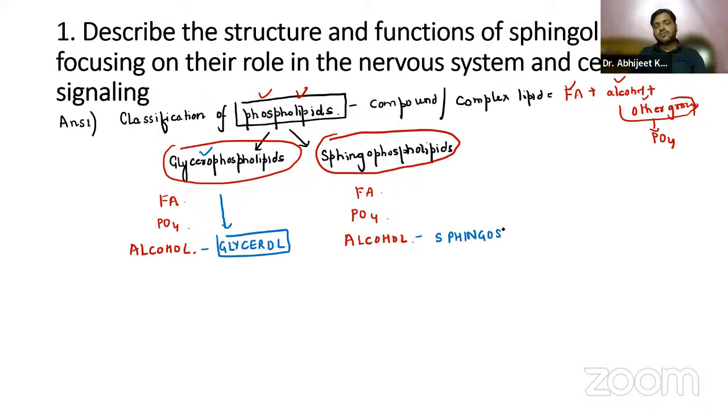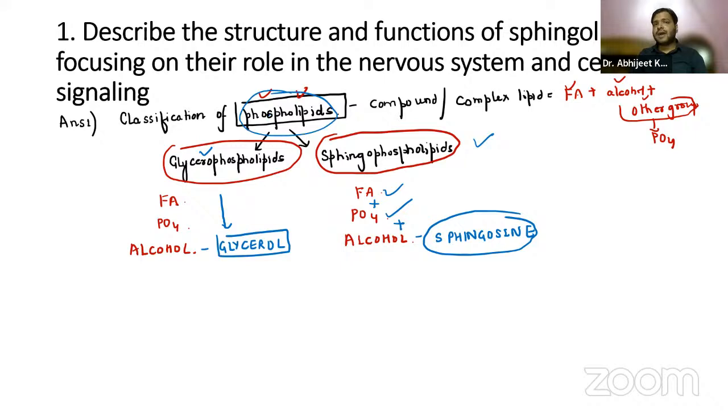The alcohol that is used over here is the sphingosine. So yes, that is the backbone of the sphingophospholipids. The fatty acid, the phosphate group, and the alcohol, that is called the sphingophospholipid, right? So sphingosine plus phosphate plus fatty acid will be forming the sphingophospholipids.